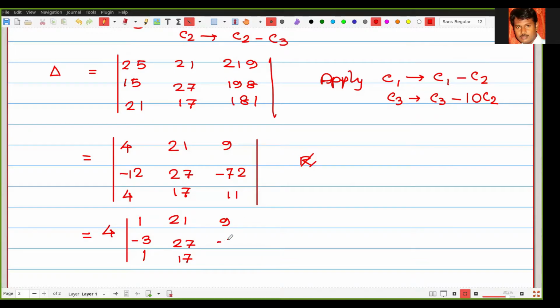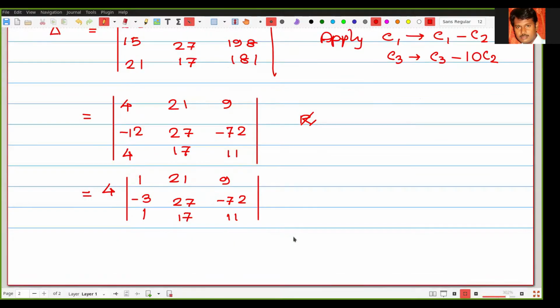Then 9, minus 72, and 11. Now we apply some operations. That is R2 is now R2 plus 3 R1, and R3 is now R3 minus R1. Let's check what happens now.